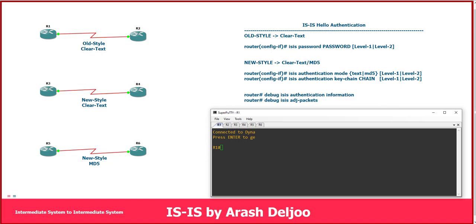We also learned that system IDs should be different between routers, and the system ID should be unique between two routers to establish neighborship. In this video, again, I'm going to talk about the ISIS adjacency, ISIS neighborship.